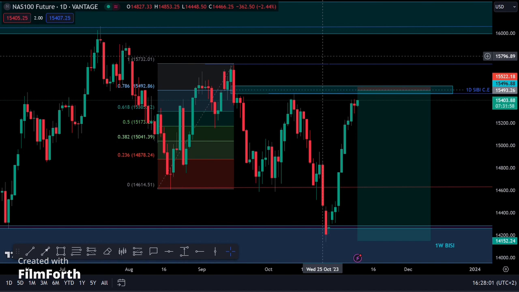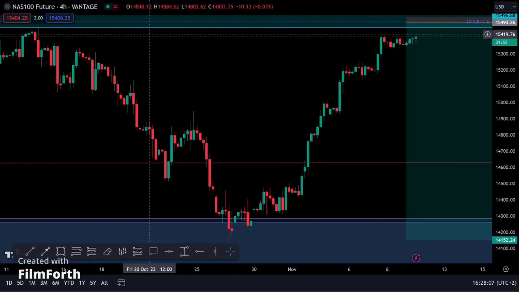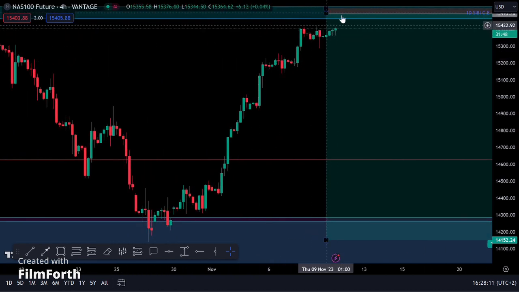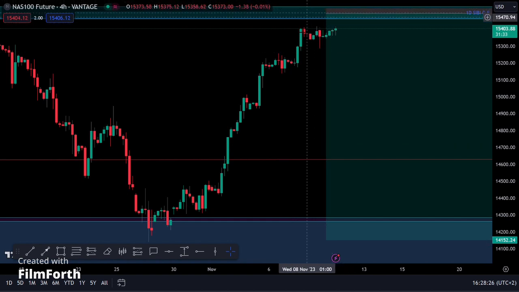Once we break the high and go into this area right here, the lower time frame will tell us whether we are stopping at that consequent encroachment or going past. But if I would put a limit in this area, the daily consequent encroachment would be the perfect entry.